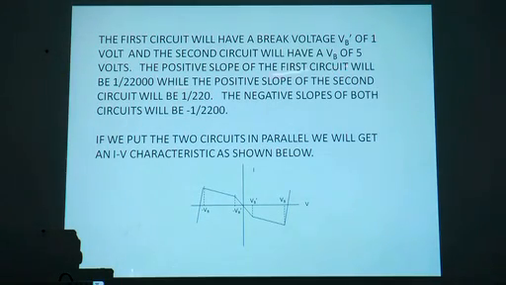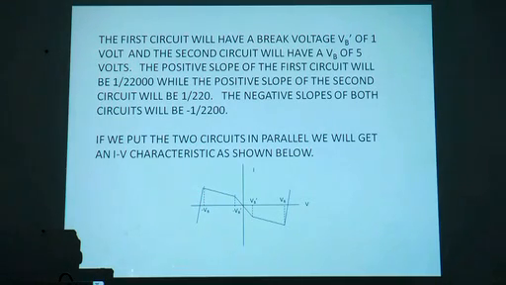The positive slope of the first circuit is 1 by 22K, while the positive slope of the second circuit is 1 by 220. So the second circuit has a positive slope 100 times larger than the first circuit. The negative slopes of both circuits will be -1 by 2200 because R3 is the same.